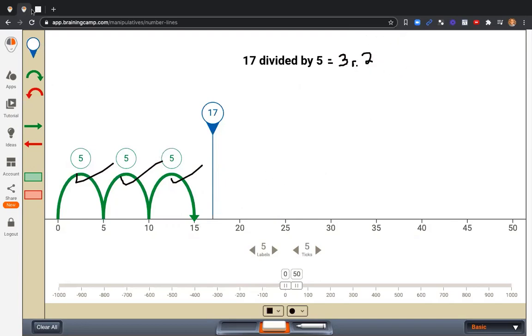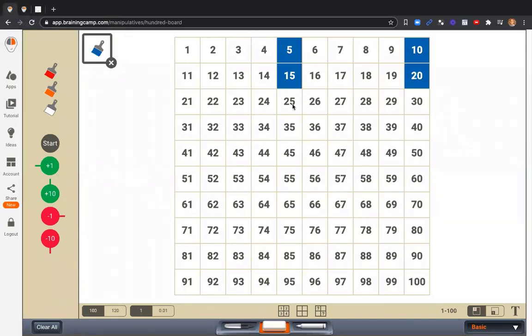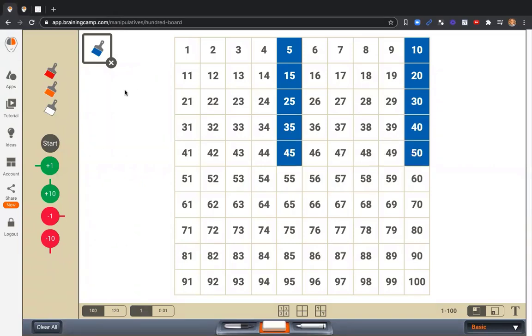Let's look at this using our multiplication facts. So let me write 5, 10, 15, 20, 25, 30, 35, 40, 45, 50. If I start with 35, how many groups of 5 can I make?